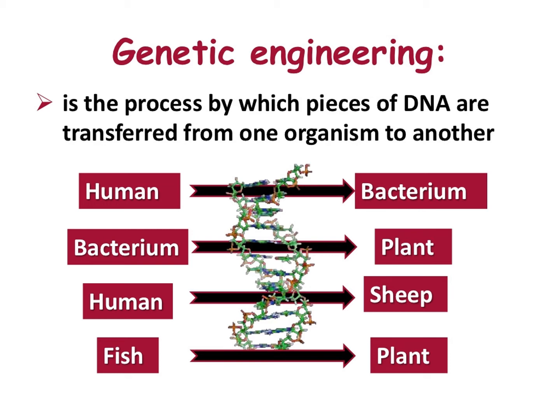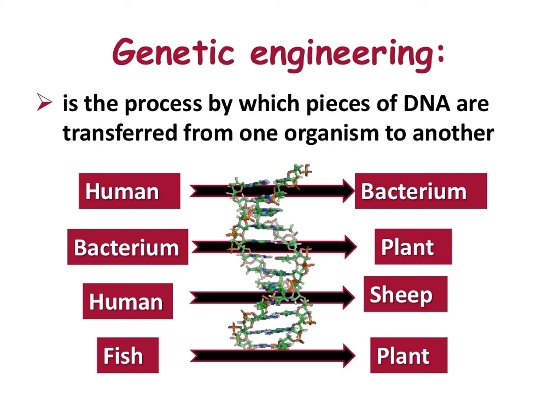Like in case of Bt cotton, we have probably seen the transfer of a gene from bacteria to cotton plant. A human gene was transferred to bacteria, like the insulin gene was extracted from humans and transferred to a bacterium to make a recombinant bacterium which produces insulin in sufficient amount.